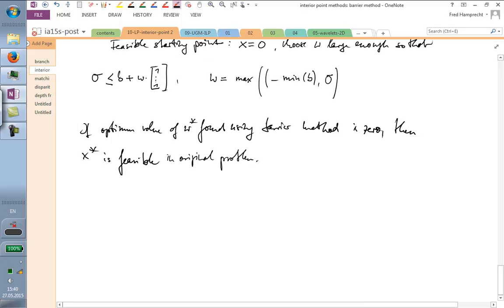And now we have a valid starting point to use the barrier method on the actual optimization problem that we're interested in.